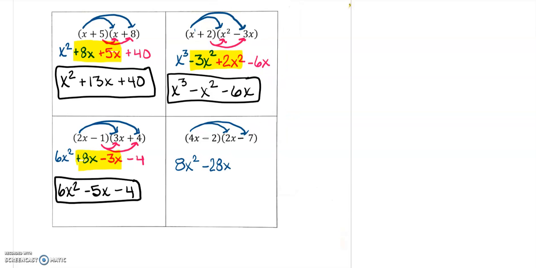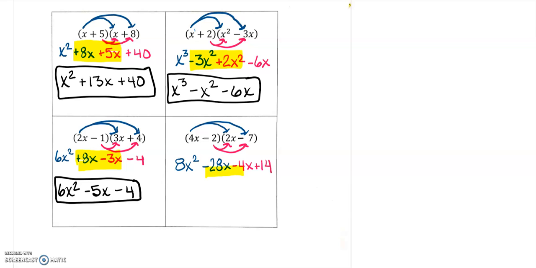Now we're going to distribute a second time. We're going to distribute that negative 2. That negative 2 is going to go to both. Negative 2 times 2x is negative 4x. And this is where you have to be careful. A negative 2 times a negative 7. A negative times a negative is a positive 14.